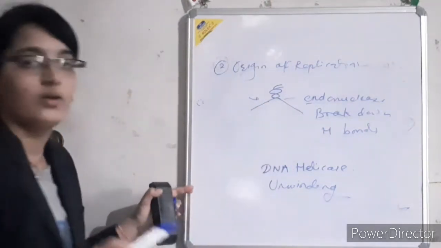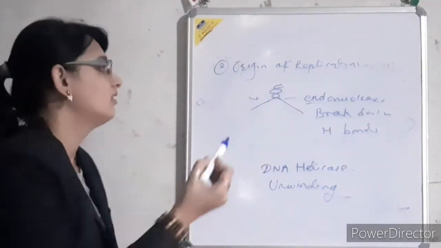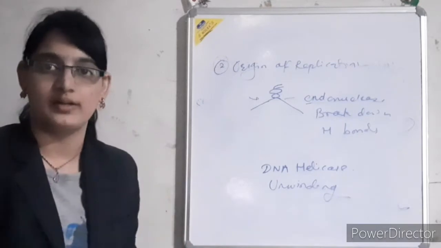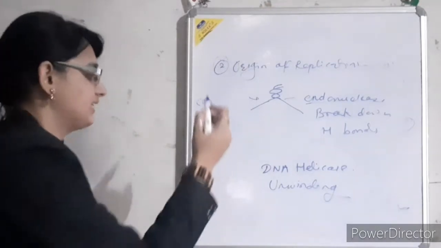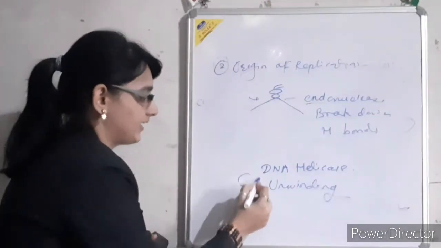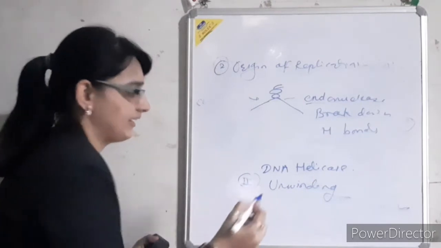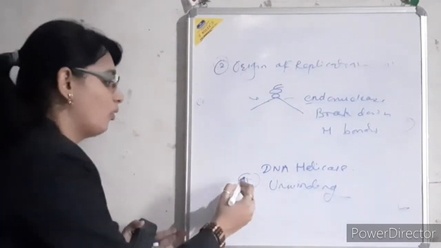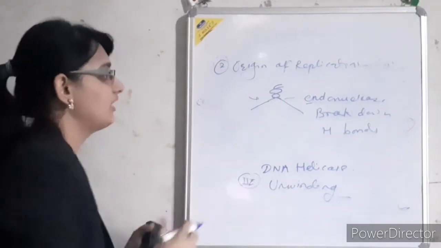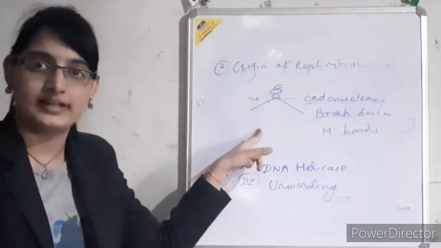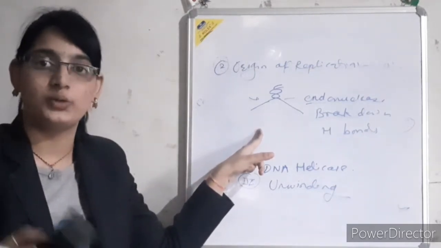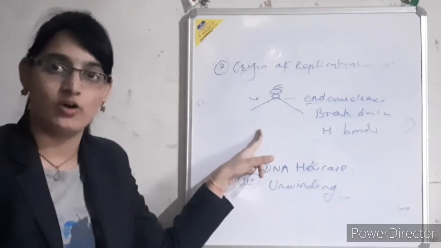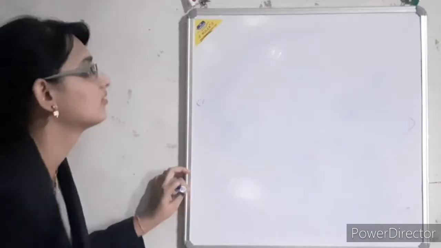In this way, we have a Y-shaped replication fork in this step. In the third step, that is unwinding of the DNA strands, we have achieved the Y-shaped replication fork, which will form the two daughter DNA molecules. Now we will learn about the complete process of DNA replication with the help of a diagram in easy steps.